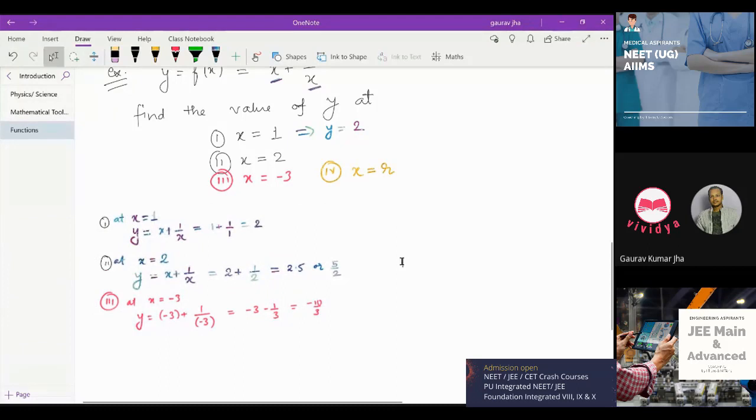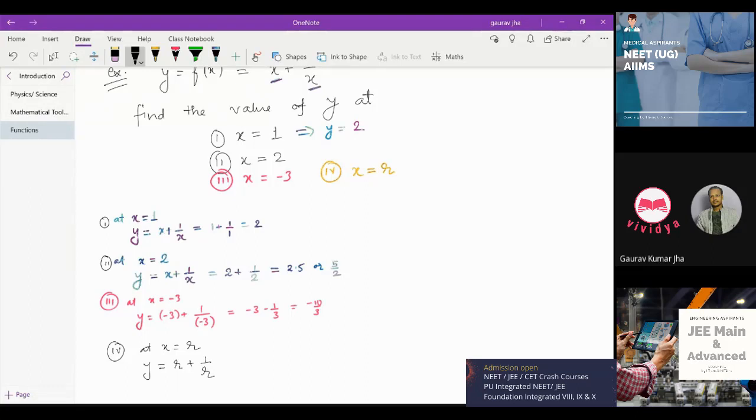Correct. Good. That's right. So naturally you are getting the idea that it's fine, whatever it is, as with any other values, if x is equal to r, I'll simply write y will be equal to r plus 1 by r. How does that matter? It's a natural thought, right? Okay, I know. So thumbs up.